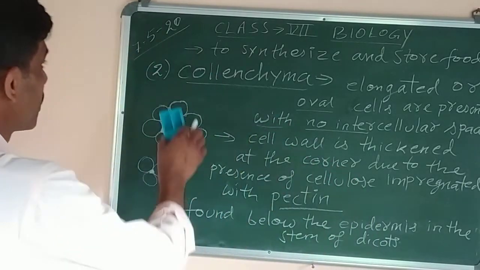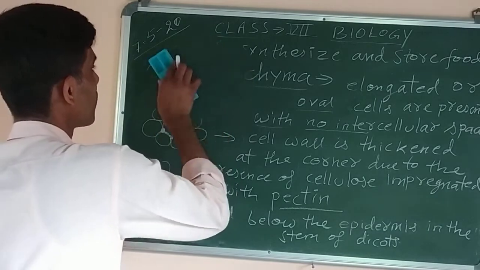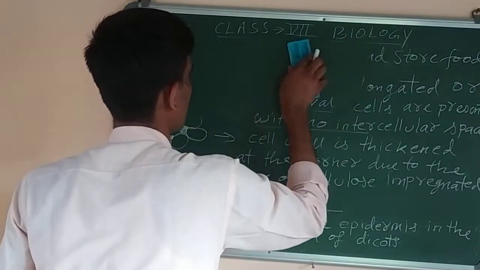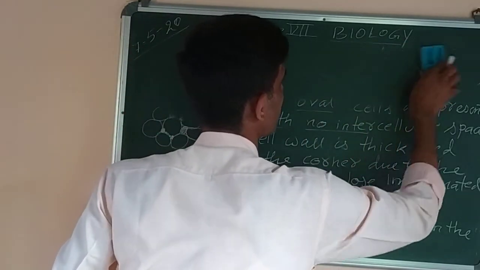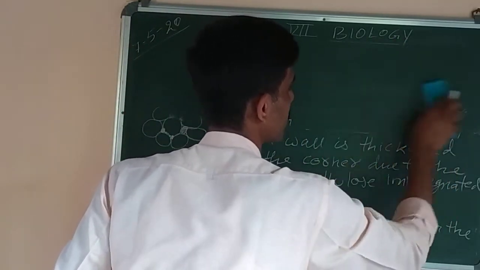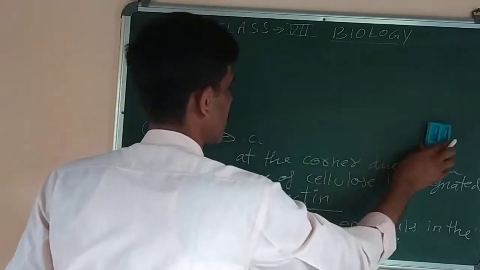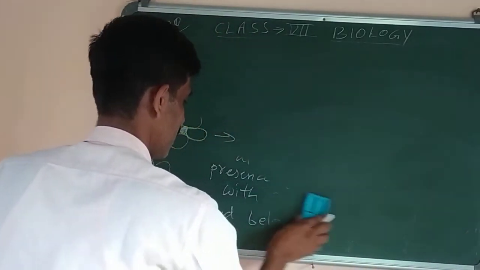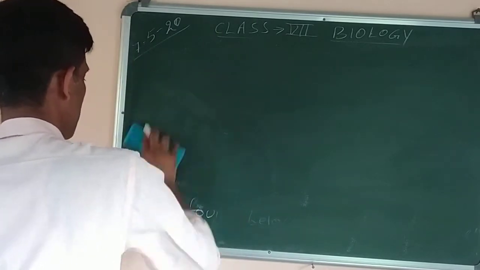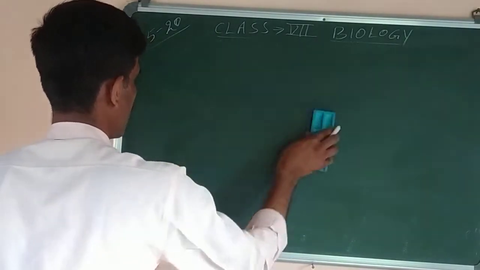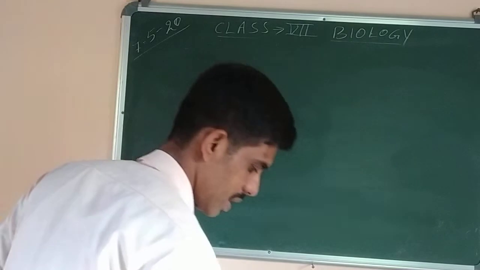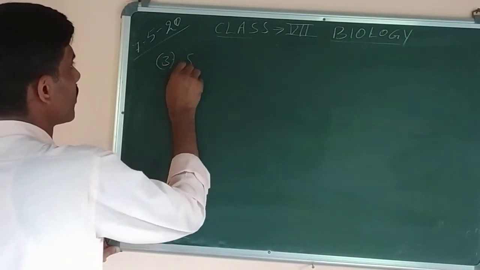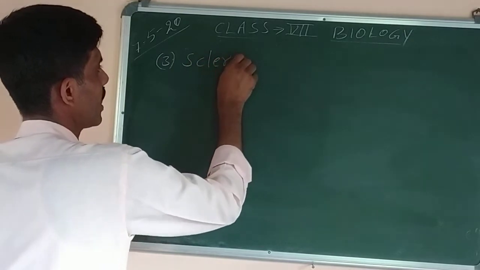Now we have to move to the next, that is the third one. The third type of ground tissue is called sclerenchyma. So the third type of ground tissue you have to do now. Okay, so the third type of ground tissue is number 3, sclerenchyma.